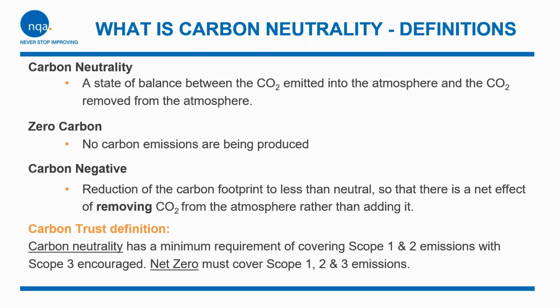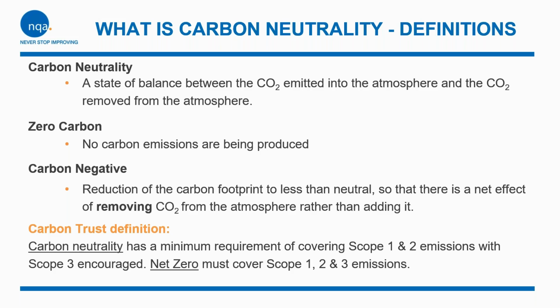The Carbon Trust, who are the UK body who tend to take the lead on this, have a definition of carbon neutrality. They talk about a minimum requirement of covering scopes 1 and 2 emissions, and if you're not sure about the scopes, well, there's a slide later on that will cover that. Has a minimum requirement of covering scopes 1 and 2 emissions, with scope 3 strongly encouraged.